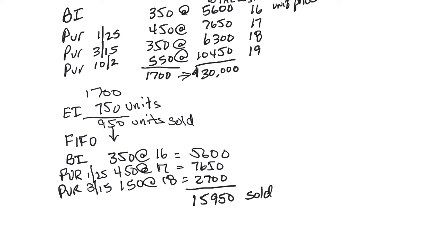Now I have 750 left. That's this number right here. So of my purchases from 315, I sold 150. I have 200 left at $18. So this is my ending inventory. And then I have 550 at $19.